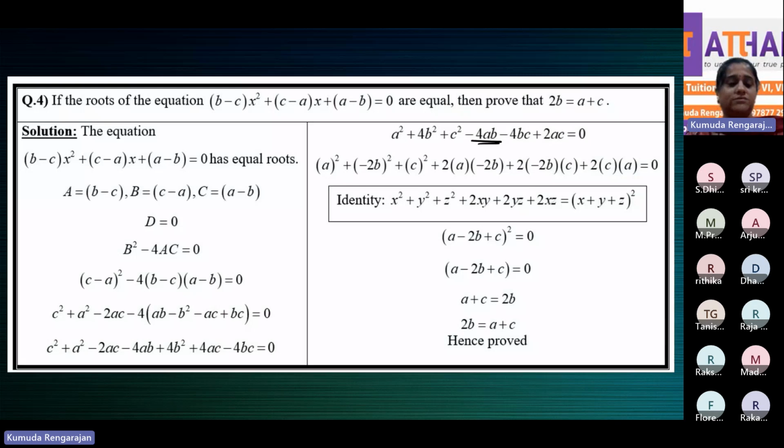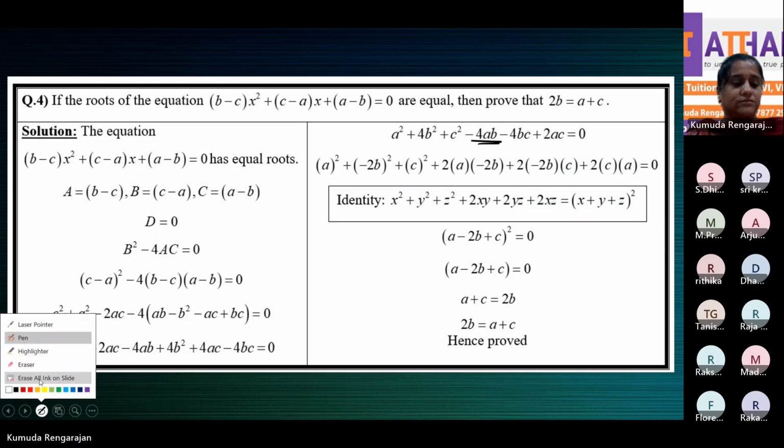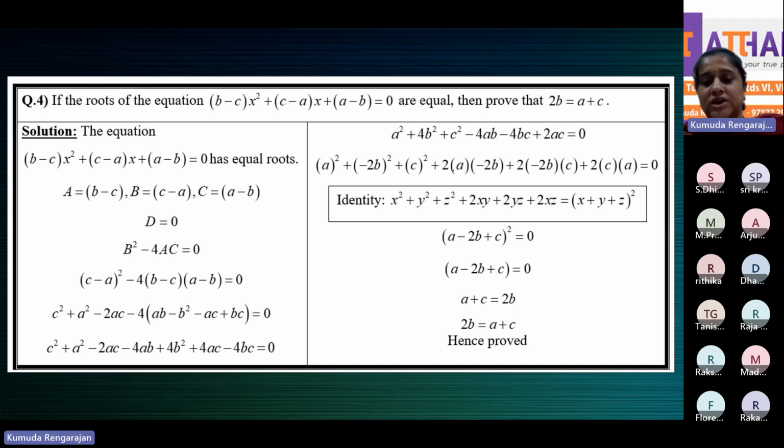So when you do that, check here, 2 into x into y. What is this? Minus 4ab. That's what you have here. Multiply this 2 into y into z, because y is minus 2b, z is c. Multiply this, minus 4bc. That's what we have here. And multiply this, minus 2ca.